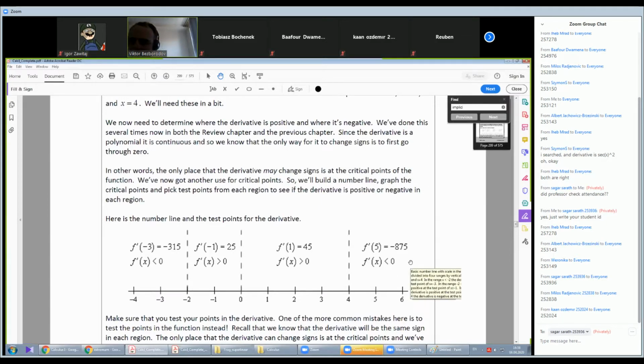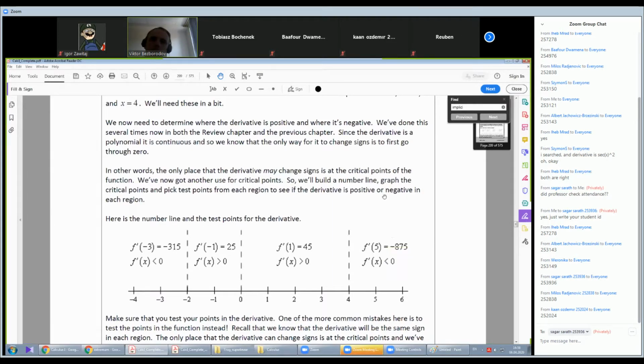So this is a simple way to determine the signs, so where the function is positive and negative.